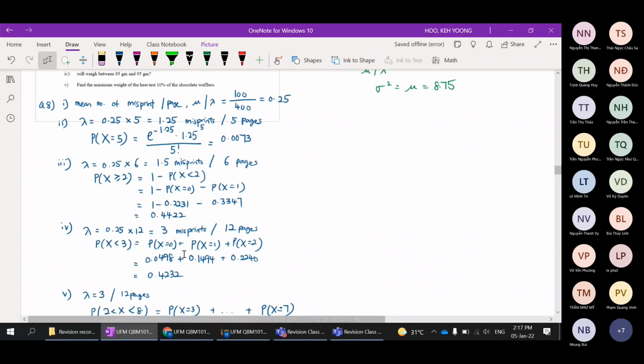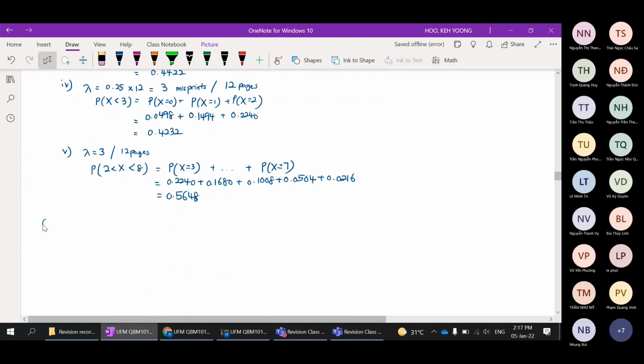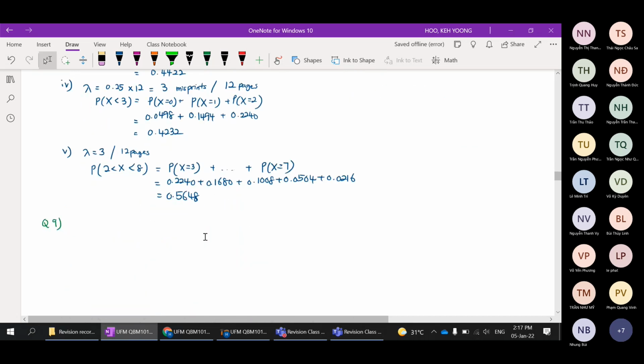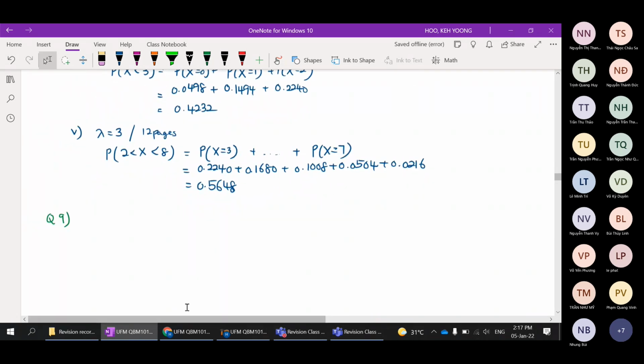Question 9, weight more than 95 grams. First, let's write down the information that we have. Let's say X is the weight of the waffles.